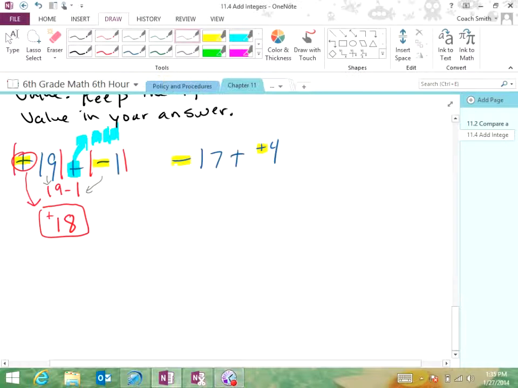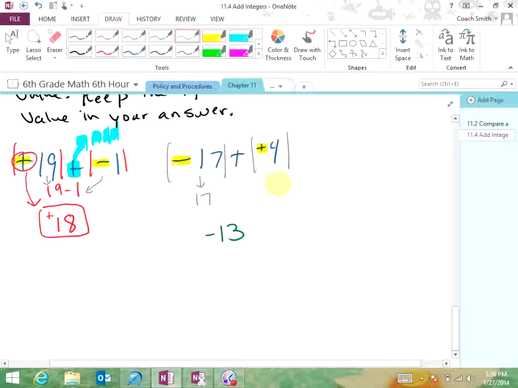All right, now negative 17 plus positive 4. Gabby. Negative 13. That is correct. The reason it's negative 13: the absolute value of negative 17 is positive 17.